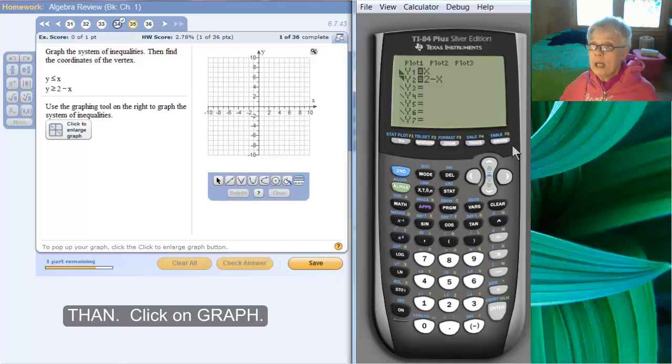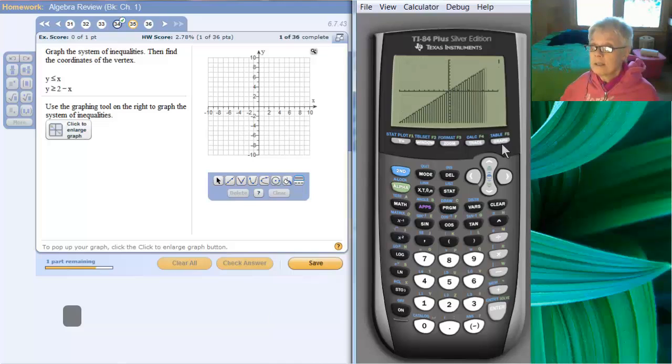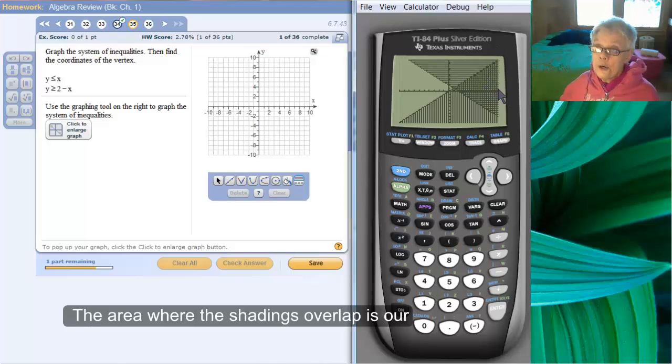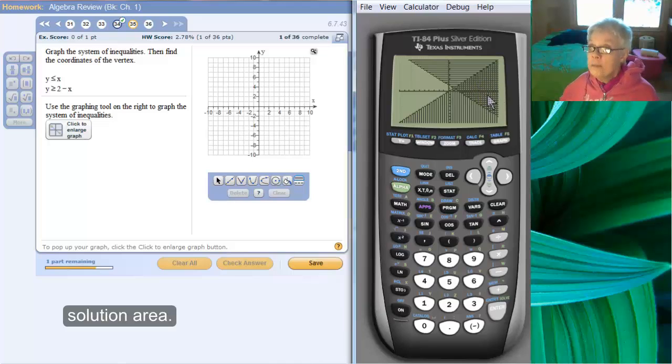So there I go. I'm ready to graph. There's y1. There's y2. The darker area, which is the overlap of the two shadings, is going to be the answer to our problem when we graph it.